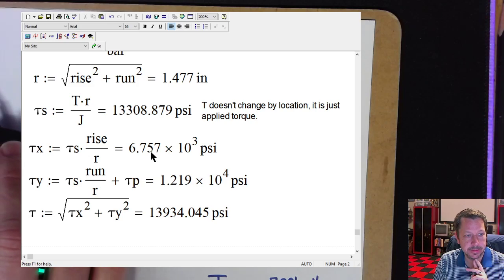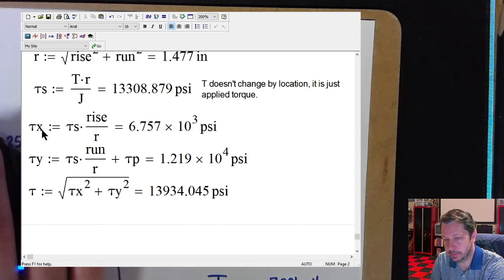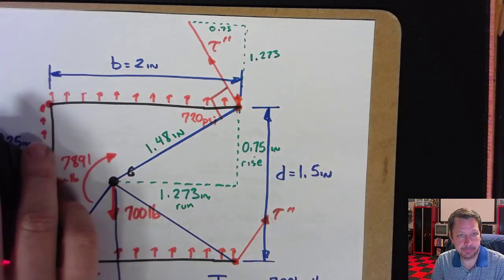And so we get 6,700, 6,800 psi for the X component of the secondary shear. The Y component, and there's no X component of the primary shear. The primary shear is only in the Y direction, so it has no X component.